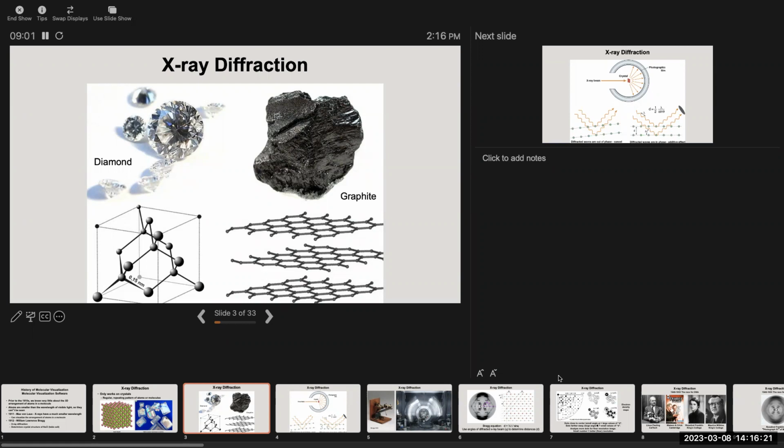Graphite, on the other hand, is also just repeating carbon atoms, but each carbon is bonded only to 3 other carbons, and they're arranged in these flat sheets. And the flat sheets are very slippery. The sheets can actually slide relative to one another, which makes graphite very, very soft.